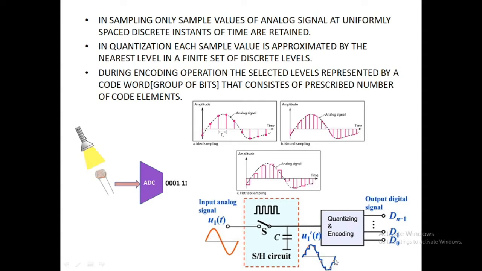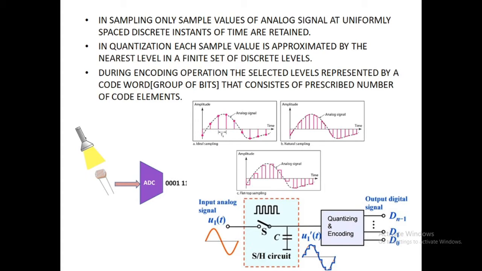Sampling may be of three types: ideal sampling, natural sampling, and flat top sampling. Apart from ideal sampling, natural sampling and flat top sampling are mostly used in practice.